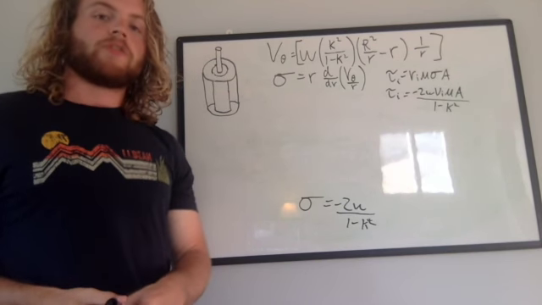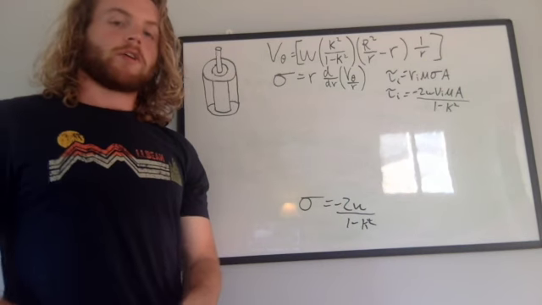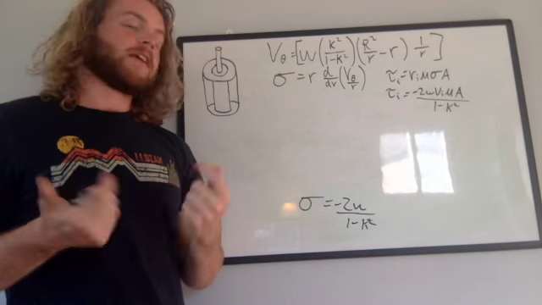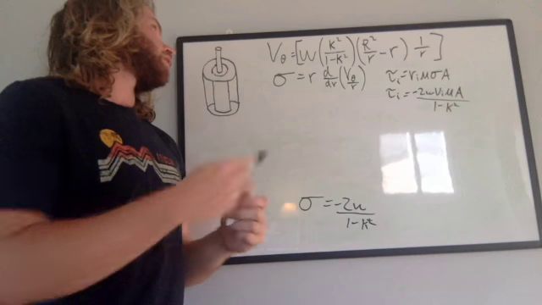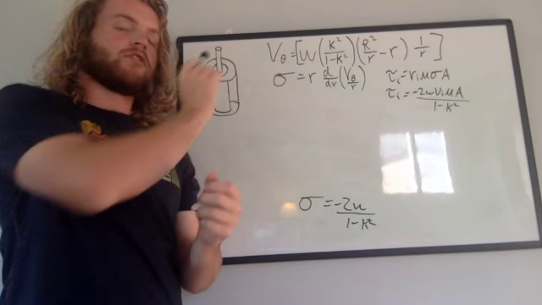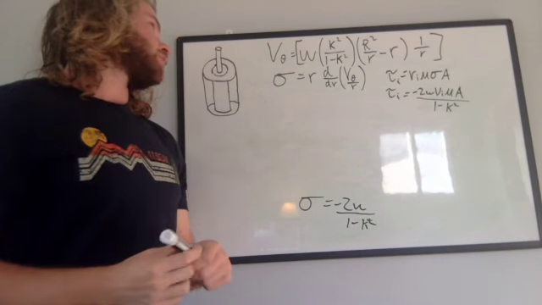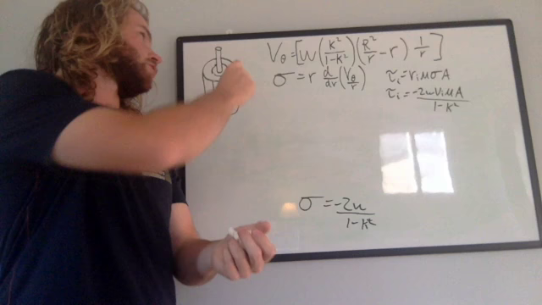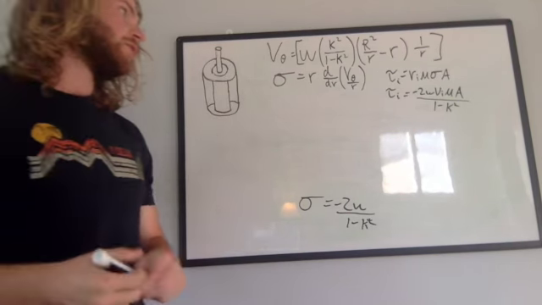Now that we have solved for our shear rate in our torque equation, we are going to want to solve for our area over here. And that's not going to be as complicated. Our area is simply going to be the circumference of the circle multiplied by the height of the cylinder. So it's going to be 2 pi times Ri, which is the radius of this inner cylinder, times h, which is the height of the cylinder.